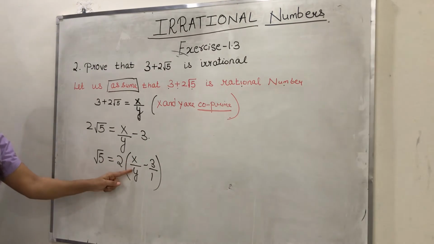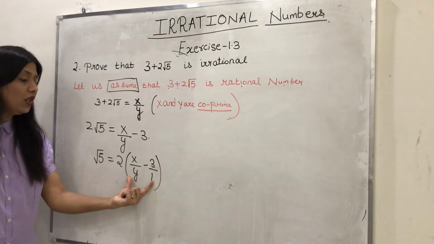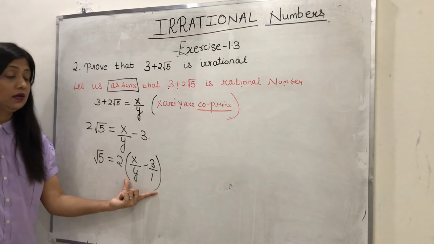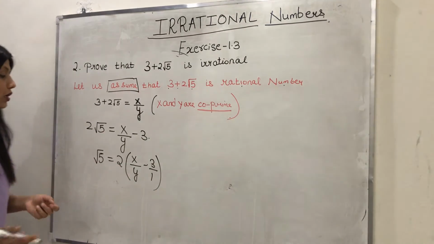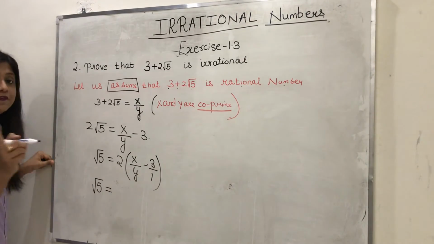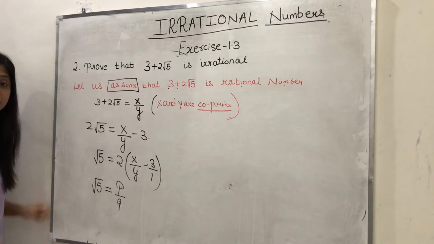So x upon y is a fraction. This is also a fraction. When you subtract two fractions, again you will get some fraction. And when you multiply it with 2, again you will get some fraction. So it means root 5 will be in the form of a fraction, or in the form of p by q. P by q is a fraction, right?